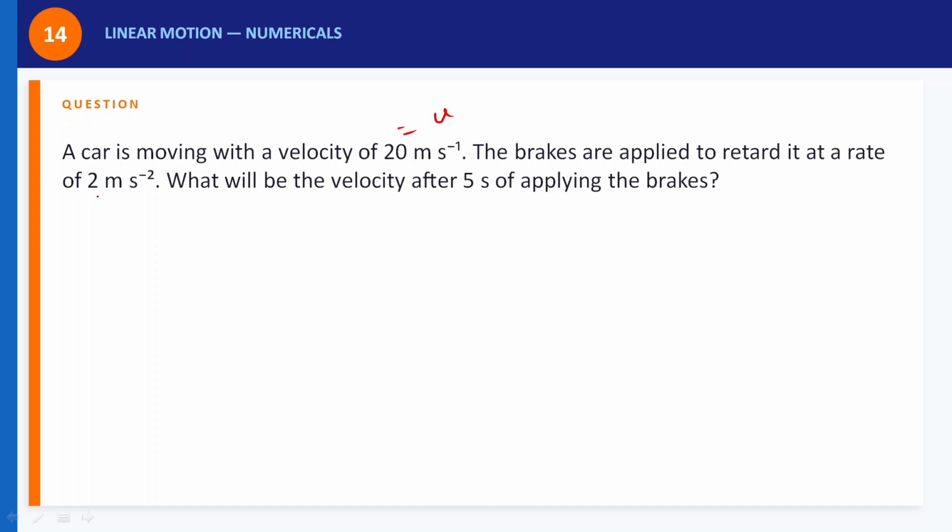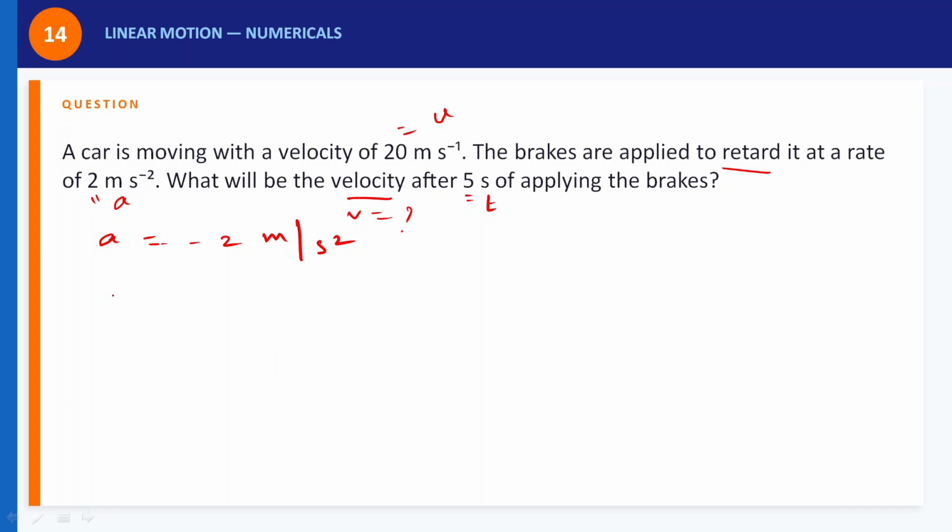This is the retardation, so this is a, and this is the time t. Now we need to find the final velocity v. Since it is retardation, I will write a equal to minus 2 meter per second square.